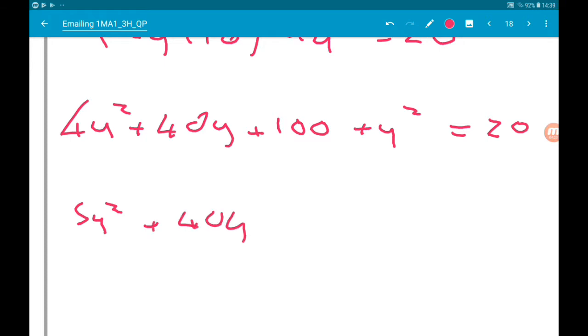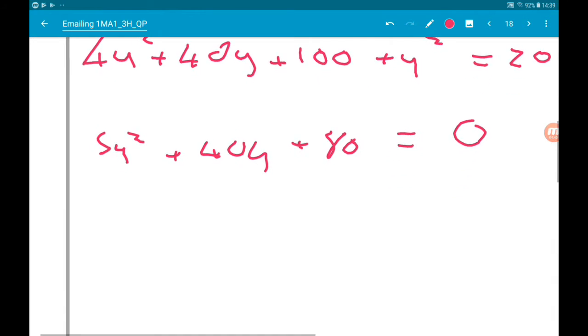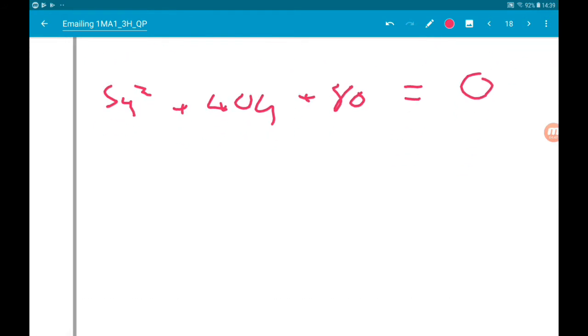Now to move the 20, we minus 20 from both sides, so we get plus 80 is equal to 0. At this point, it's always a good idea to check for a common factor. So here there is one, it's 5. Divide both sides by 5, we get y squared add 8y.